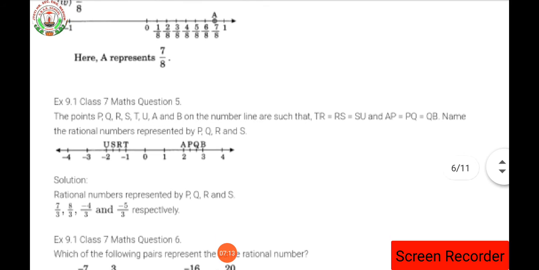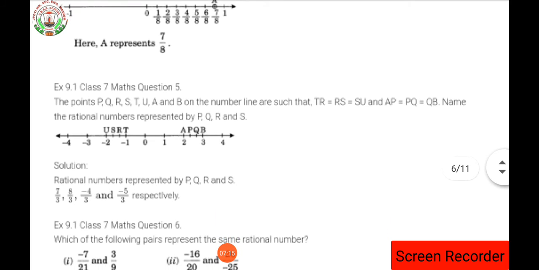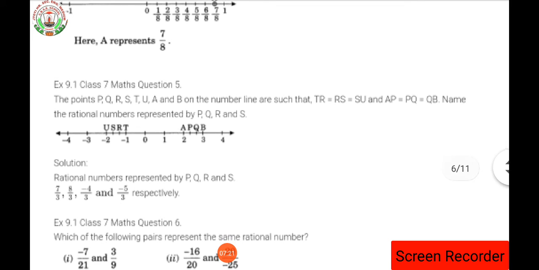Next, question number 5. The points P, Q, R, S, T, U, V, A and B on the number line are such that TR equals RS equals SU, and AP equals PQ equals QB. It means TR length equals RS length and RS length equals SU length. In the same way, AP length equals PQ, and PQ length equals QB.